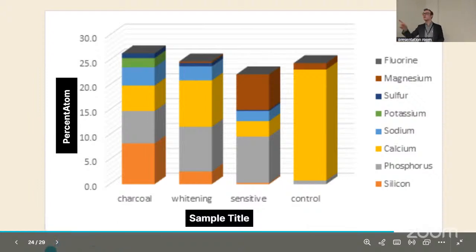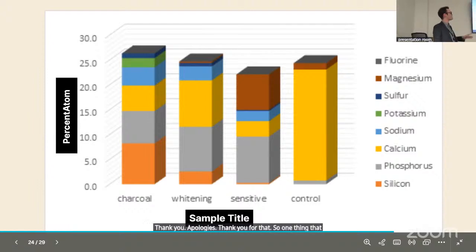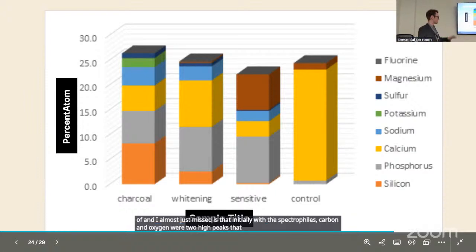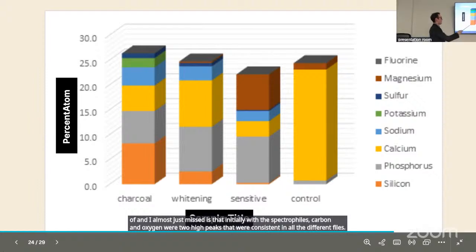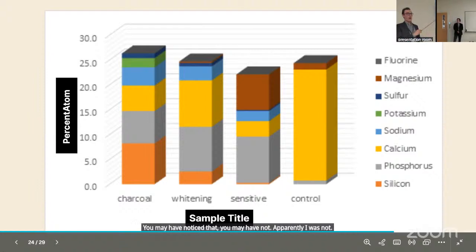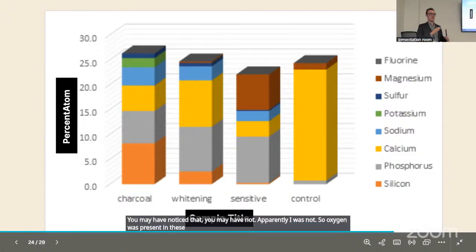Oxygen. Thank you. Apologies. So one thing that Tracy's reminded me of, and I almost just missed, is that initially with the spectra files, carbon and oxygen were two high peaks that were consistent in all the different files. Now, in this one, oxygen is not present on the side. You may have noticed that, you may have not. Apparently I missed that. So oxygen was present in these graphs, but oxygen has been removed because for every single sample, it accounted for approximately 3/4 of the entire proportion of the elements that were detected.